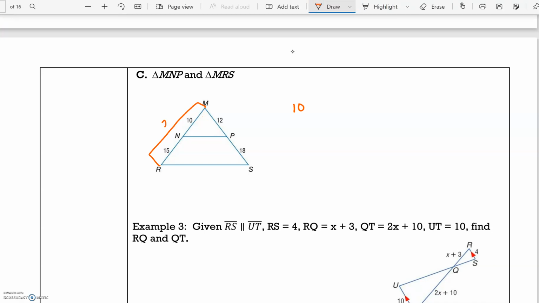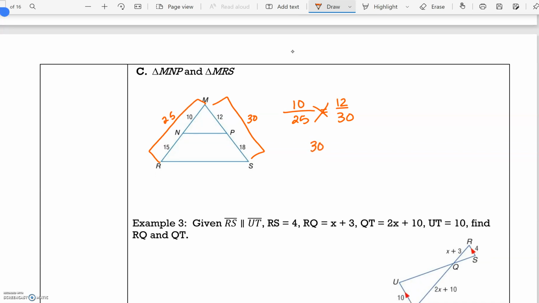So I'm going to go ahead and add these up for those big long sides here of the triangle. So 10 is going to compare to 25, and then 12 is going to compare to 30. So I have small side to long side, and then small side to long side. And then I'm going to cross multiply. And 300 is equal to 300.